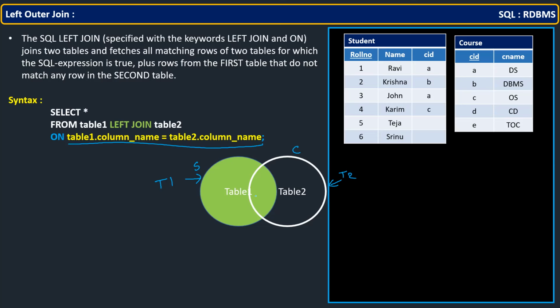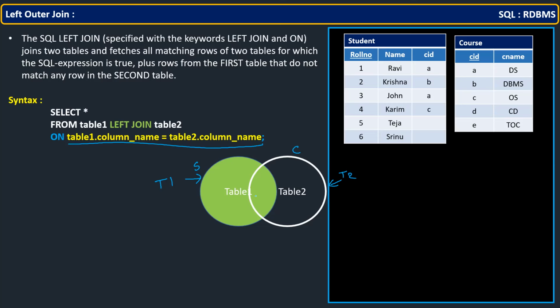Now, because you mentioned left, whoever not satisfied the left side table, that means this is the left table. Table 1 is the left table. That means here, student is the left table. Whoever's not satisfied the columns, those are also will come in the output. That means these 2 records not satisfied, right?